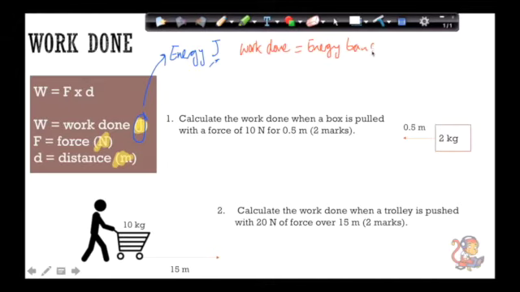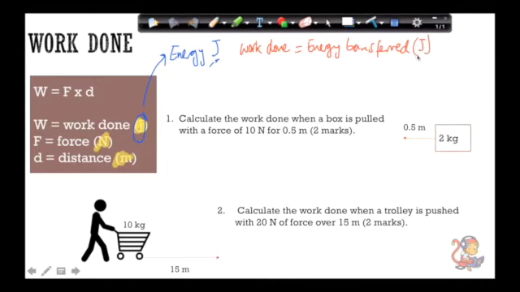That's why both of them are measured in joules. And that's really, really important to remember, that work done is energy transferred. I'd write that down on a big post-it note and put it on your wall and try and remember it. That's why they're both measured in joules.